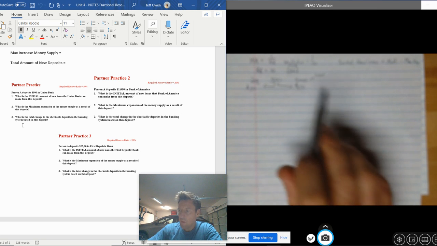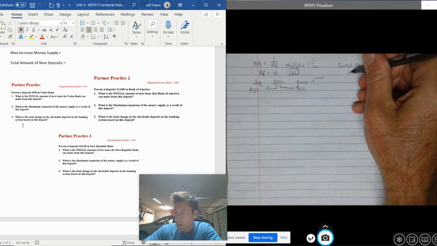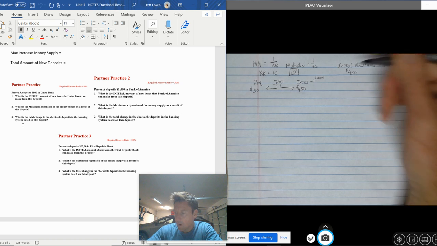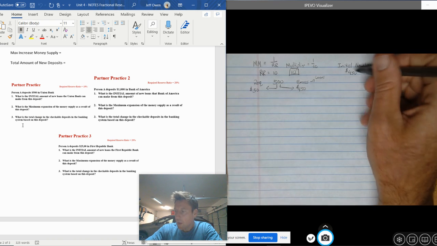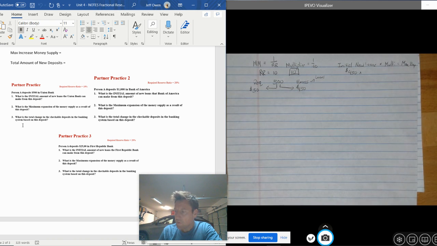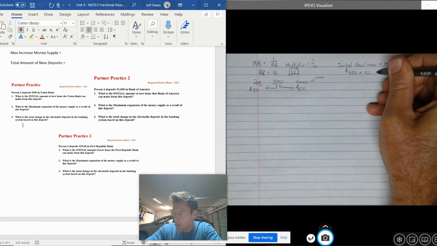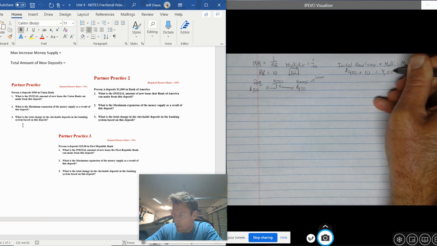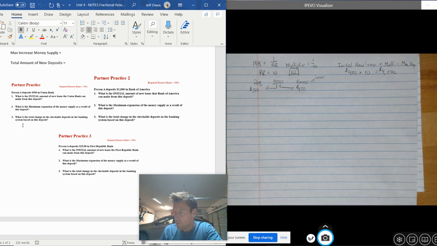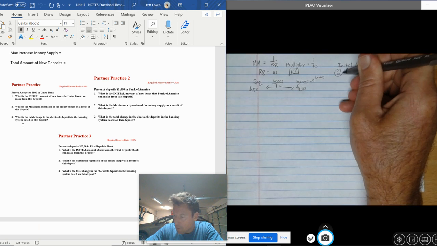So in this case, our initial new loans that can be created from our $500 deposit are 450 bucks. And then $450 times our money multiplier of 10, beep, this deposit can result in a maximum expansion of the money supply of $4,500.